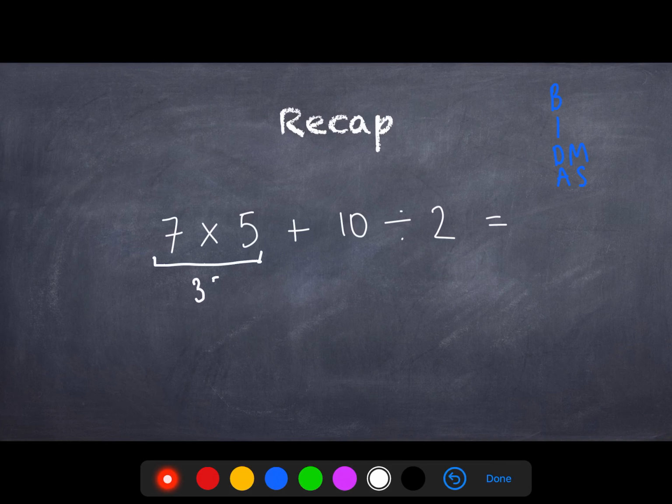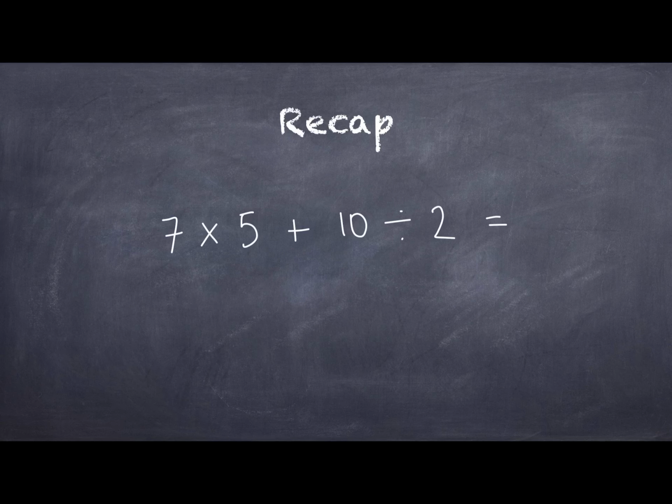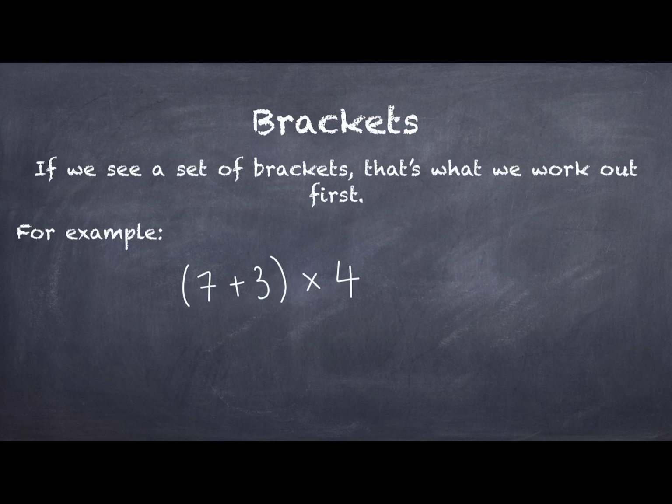So we have 7 times 5, it's going to be 35. And we have got, sorry, did not mean that plus. Here we've got the 10 divided by 2 would be 5, and we're going to add those together. 35 add 5 is going to give me 40. Okay, so that's a bit of a recap of what we did in the last video.